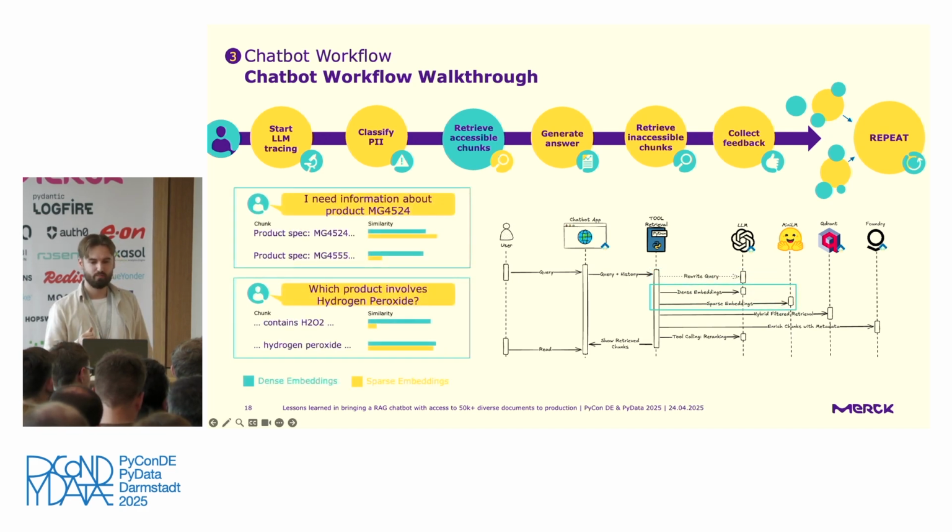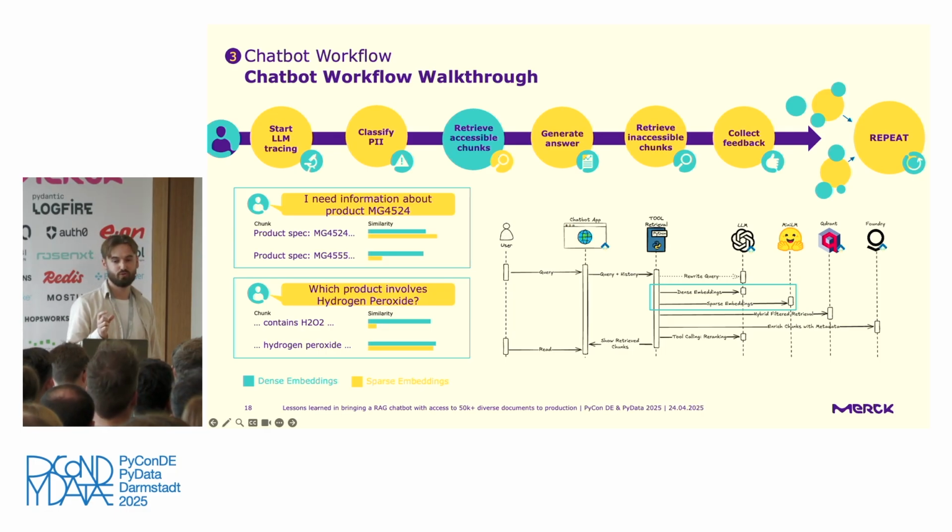Now, the next step, and I mentioned this earlier, is we have a hybrid search in place. So we need to create two kinds of embeddings. First, the dense semantic embeddings, but also the keyword-based sparse embeddings. And as illustrated here, the different query types require different retrieval approaches. So let's have a look at the first example. A user asks, I need information about product MG4524.